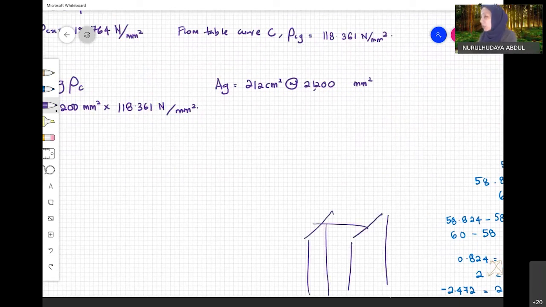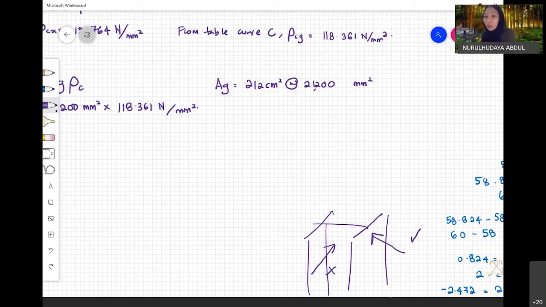If the resistance to compression is higher at the x-axis, that is okay, but YY is not okay, because its strength is lower than X. So we must consider both X and YY to make sure it is safe. We take the lower strength, for the weaker axis, to calculate the resistance.